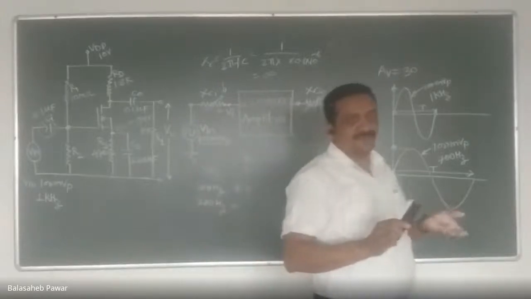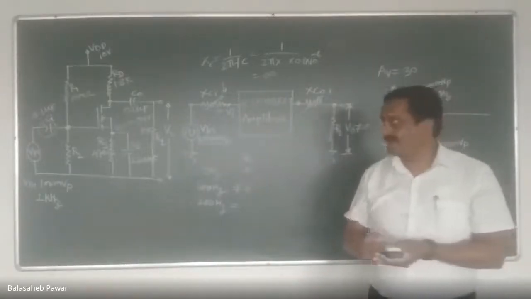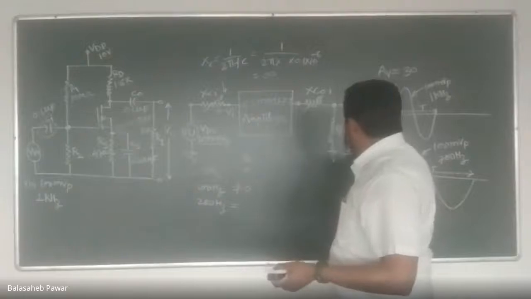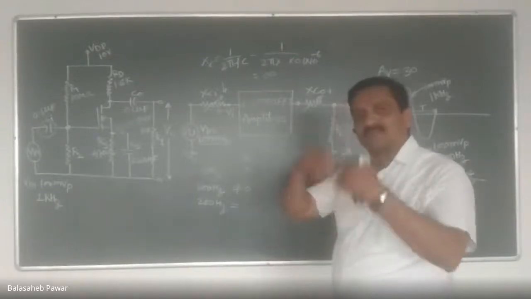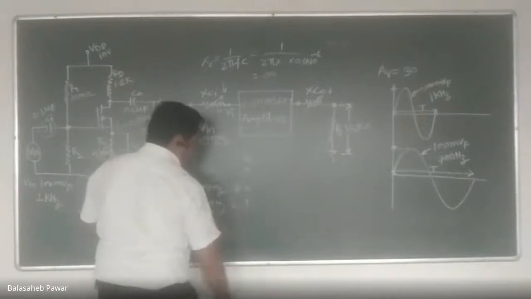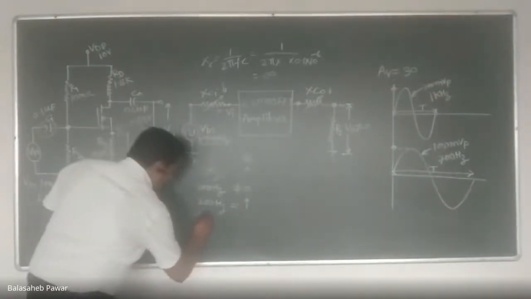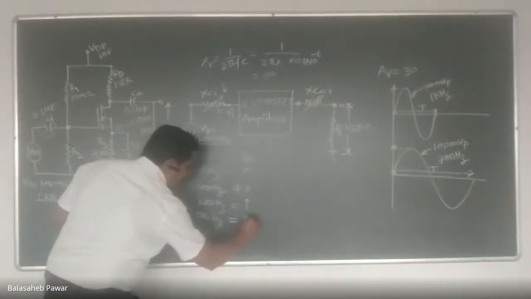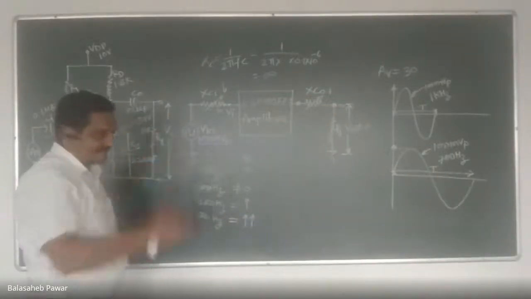Yes or no? Because XC gets reduced. And hence, the obtained output voltage, VO, also will get increased. Are you agree with this? Suppose 500 hertz. Again, VO will get increased.